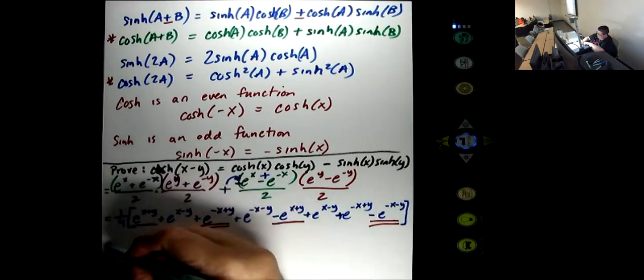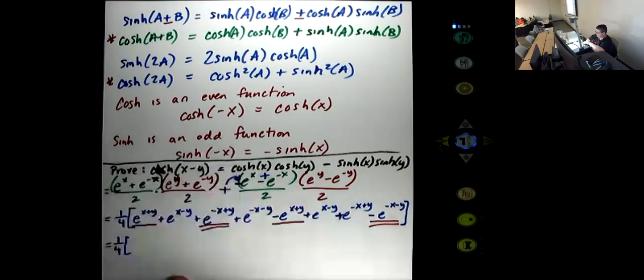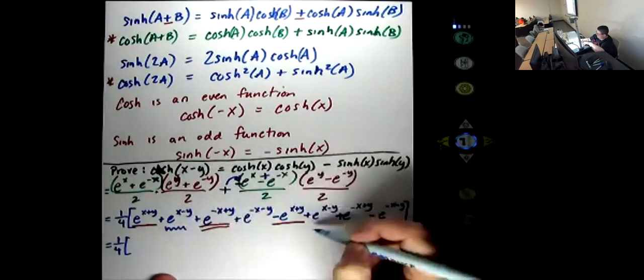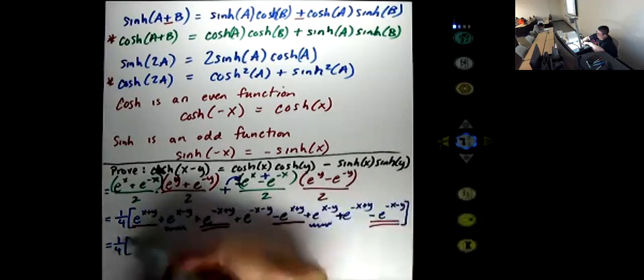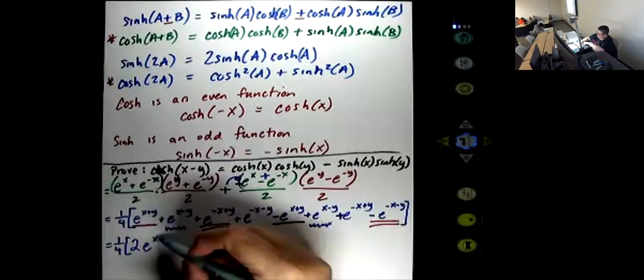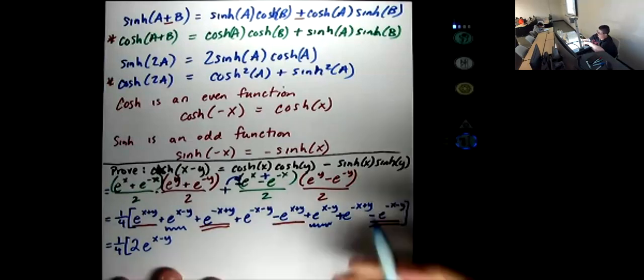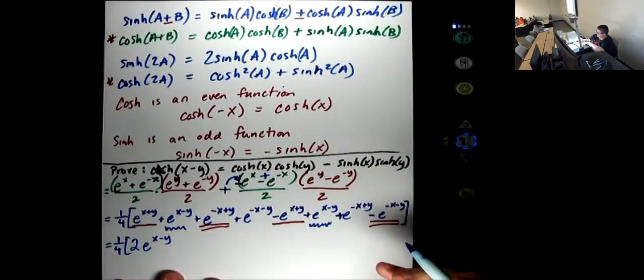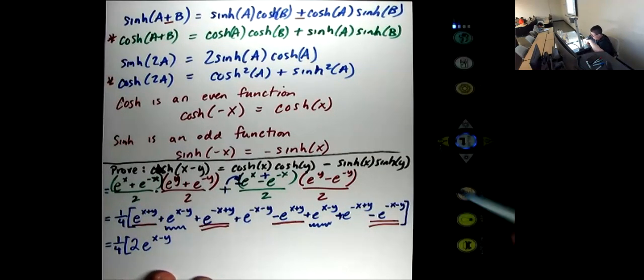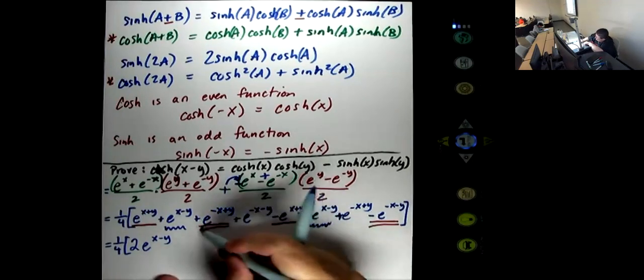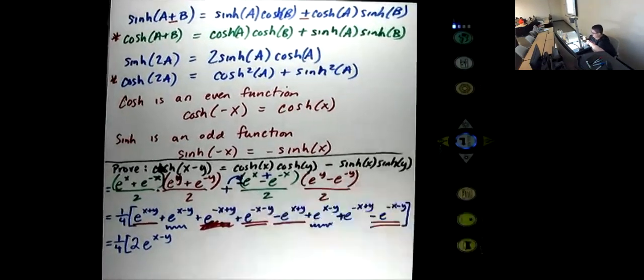So if I gather up what I have left, I have an e to the x minus y here and an e to the x minus y right there. I've got 2e to the x minus y. And I think I crossed off the wrong thing a second ago. I did. That wasn't supposed to be crossed off. That was supposed to be crossed off.